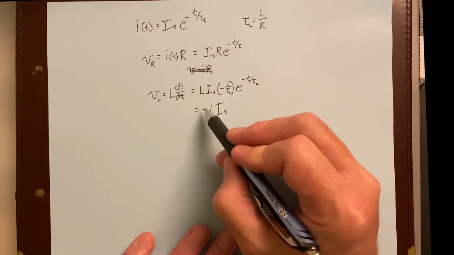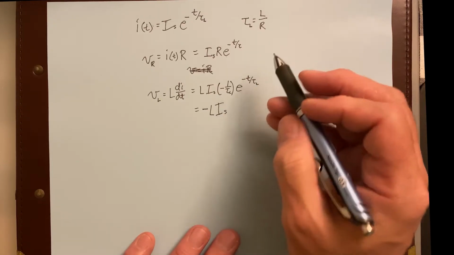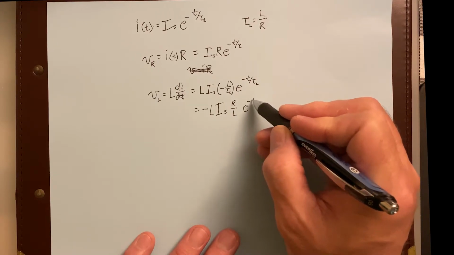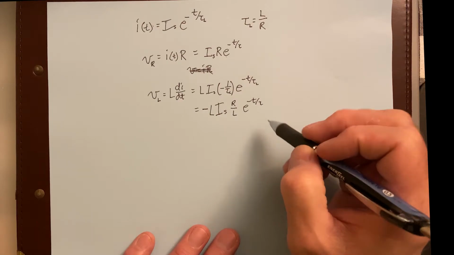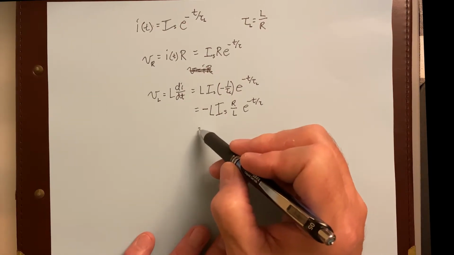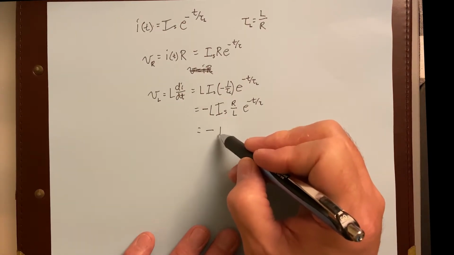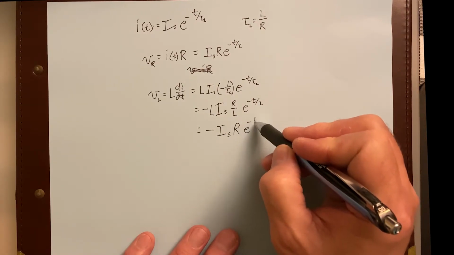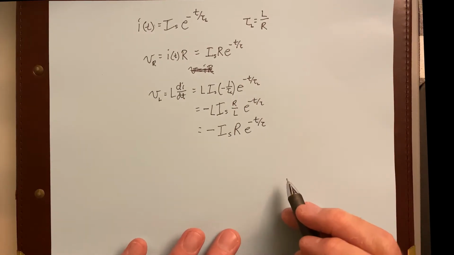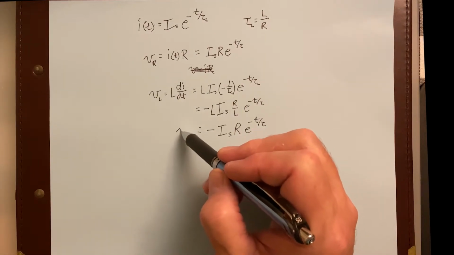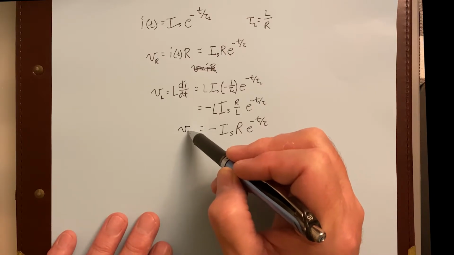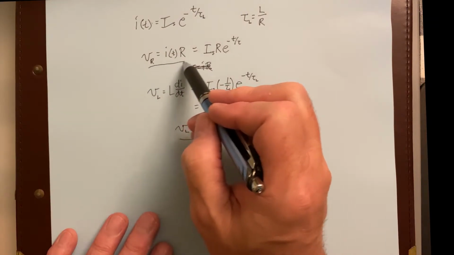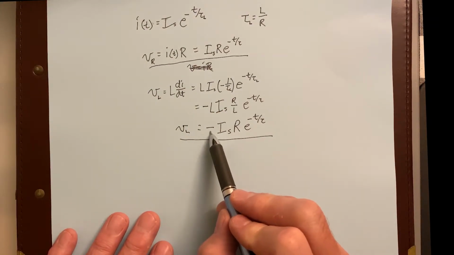I brought the minus sign out front. Now this is 1 over tau, so it's going to be R over L e to the negative t over tau. And you'll notice the L's will cancel here, so this is going to be minus I sub s R e to the negative t over tau. Look at that. The voltage across the inductor, V sub L, is the same as the voltage across the resistor. The only difference is that sign.